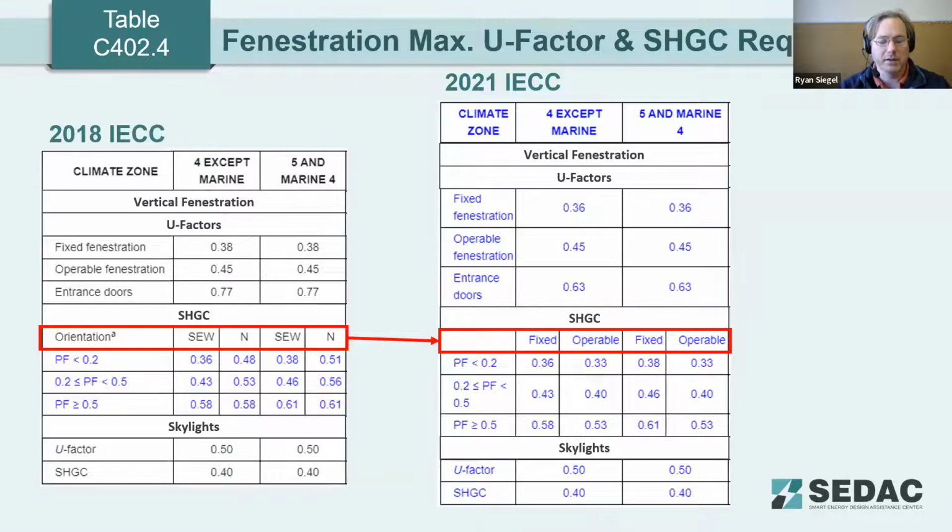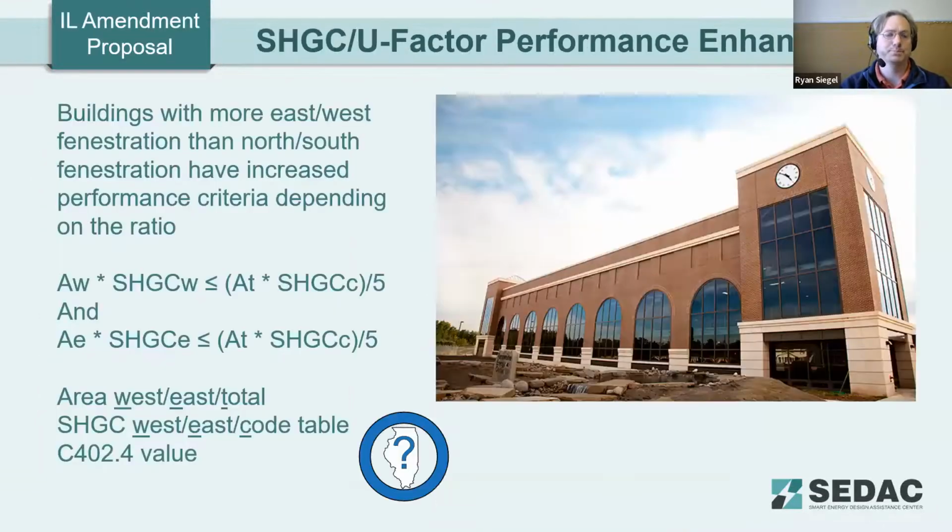Operable, they did also increase the requirements. They did increase the stringency a little bit for operable, or made it a little more flexible for operable versus fixed. But that's a primary change, is moving from directionally based requirements to fixed or operable fenestration.